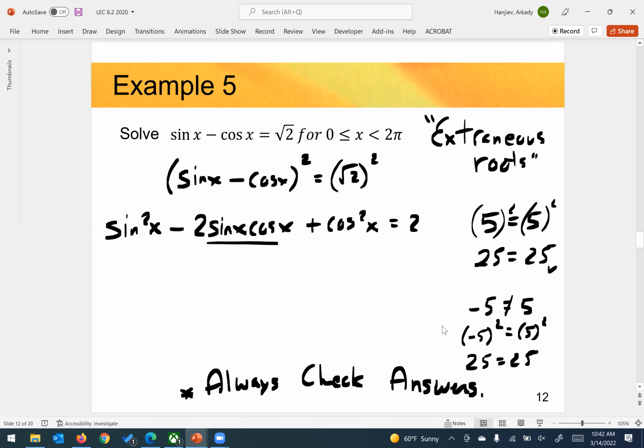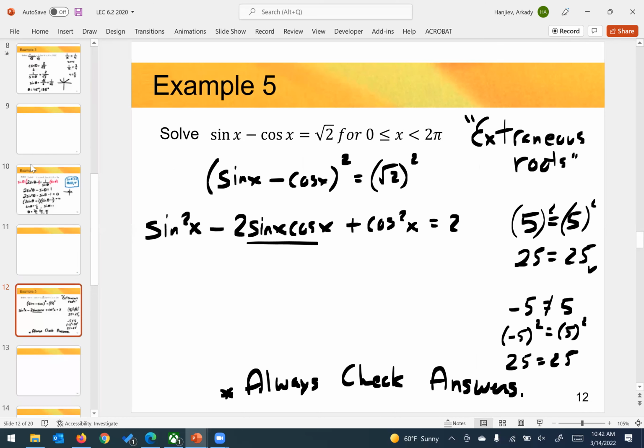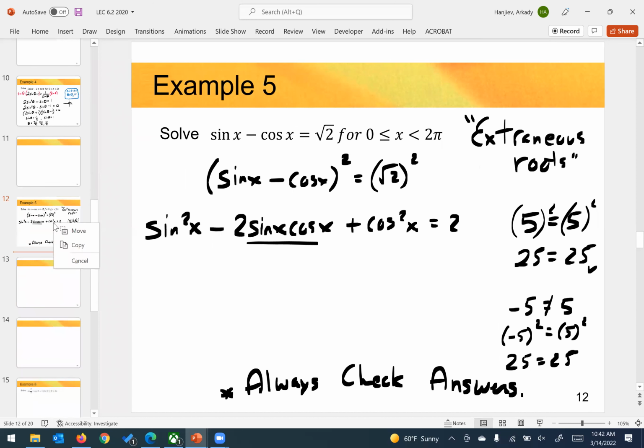So now the question is: how can I square it so I don't get this little sine x cosine x thing? Subtract the 2 sine x cosine x, or I just have to add it in this case to both sides. Sine squared x plus cosine squared x is 1. I like Dylan's idea.